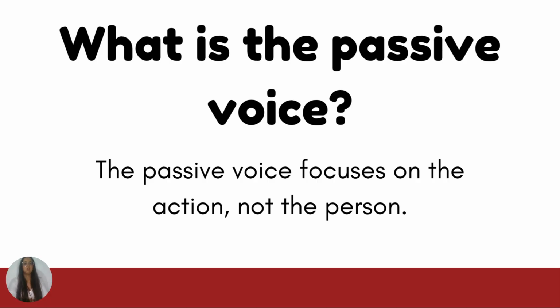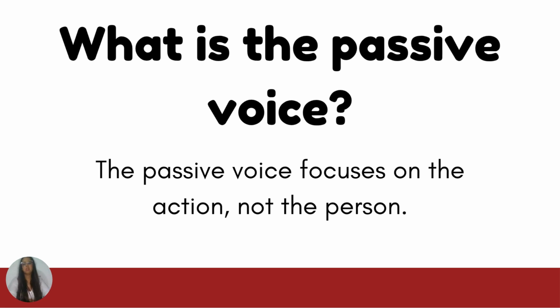The passive voice is used when we want to focus on the action, not on the person who performs the action. In many situations, the person who does the action is not important, or sometimes we don't even know who did it.